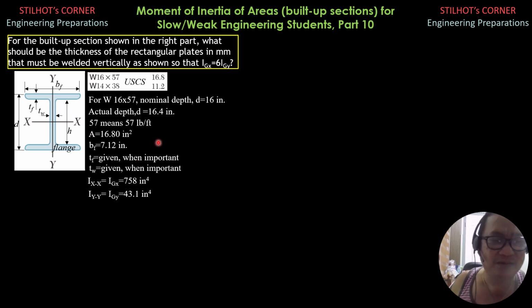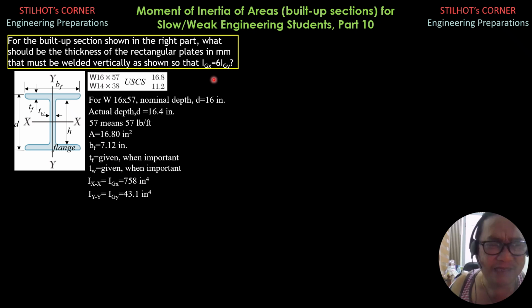We want the accurate ones, but we can check these values by converting them into SI, System International Units, inches to mm, pounds to kilogram per meter.